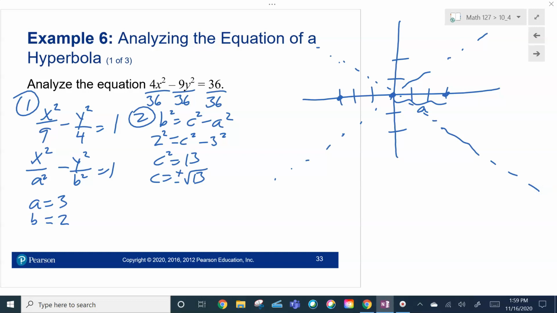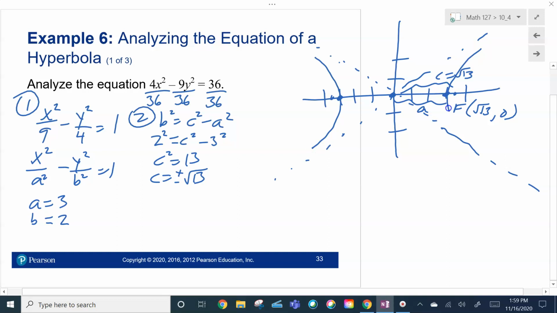Our c is root 13, which is between 3 and 4. So there's a focus, c is root 13 distance away. So the focus is at root 13, comma 0. The other one's at negative root 13, comma 0. And this is kind of the shape of it as it goes through the vertex.